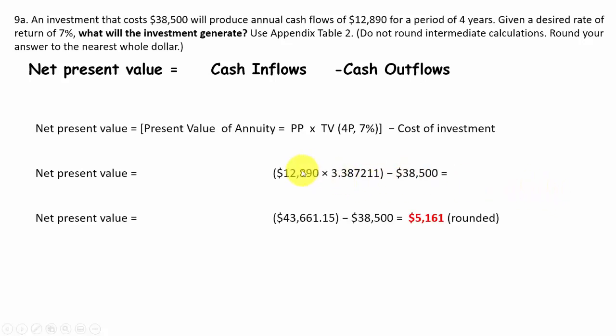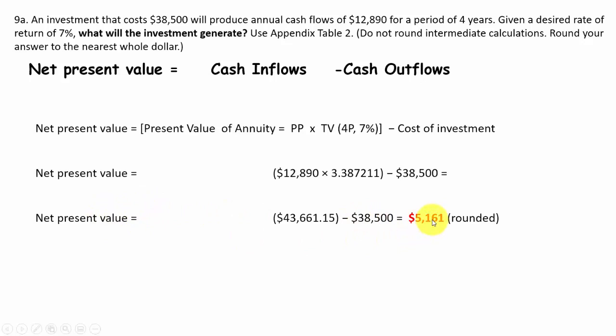The cash flow payments discounted back to the present have a value of $43,661.15. Now they're at time 0, so you take the time 0 cash outflow that you paid for this investment, which is $38,500, and you end up with a net present value of $5,161.